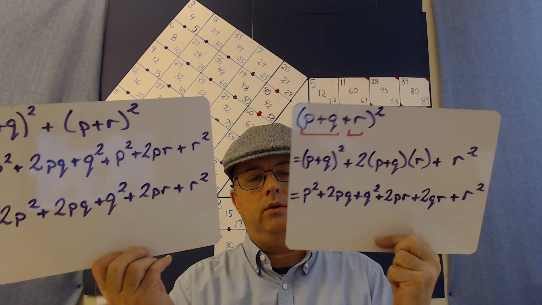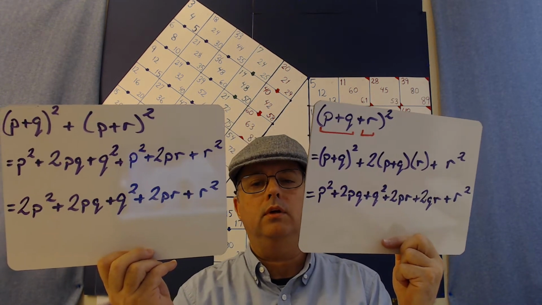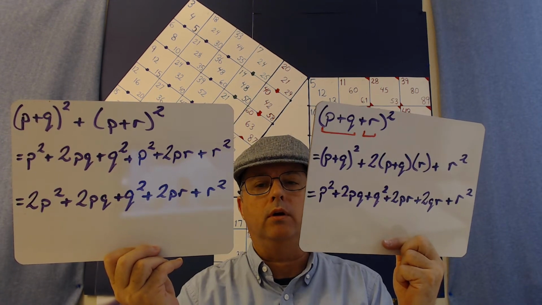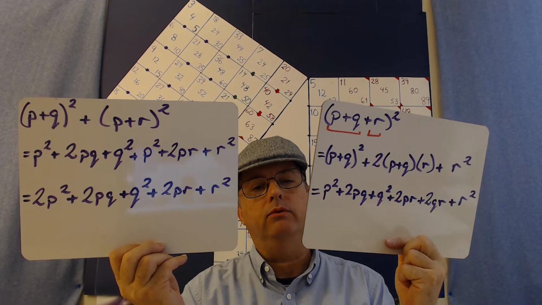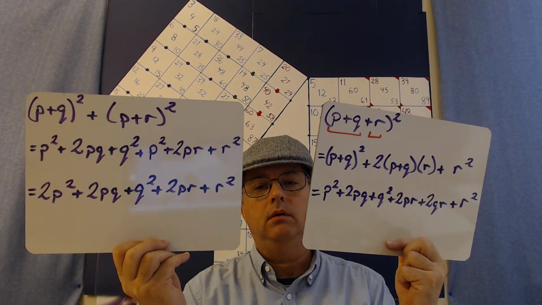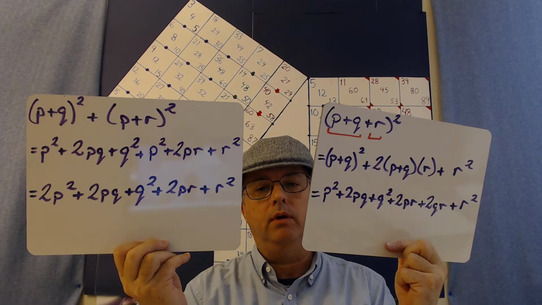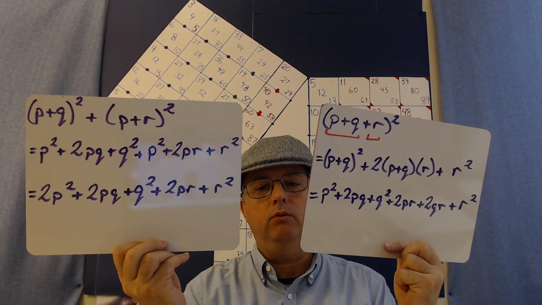Okay, so now let's compare these. Well, we have an r squared in both of them. And I'm just going backwards through here. And then we have a 2pr in both of them. And we have a q squared in both of them. And we have a 2pq in both of them.